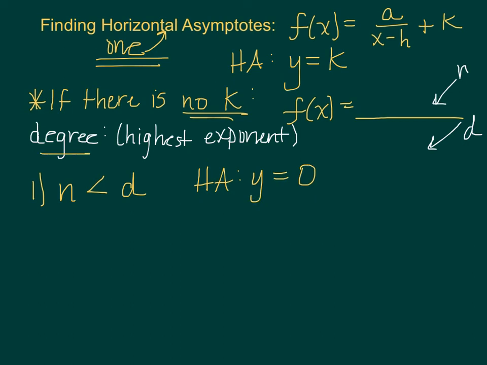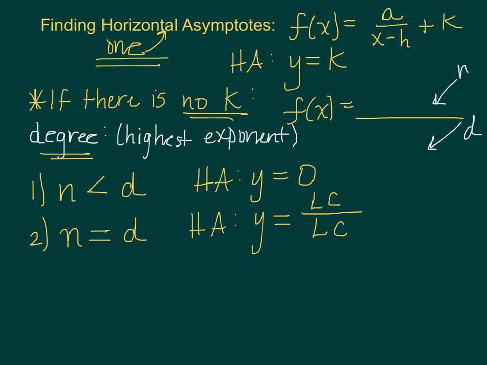Okay, so remember we're checking the degrees. Case 2, if the degree in the numerator is equal to the degree in the denominator, then your horizontal asymptote will be y equals the leading coefficient, L, of the numerator over the leading coefficient of the denominator.